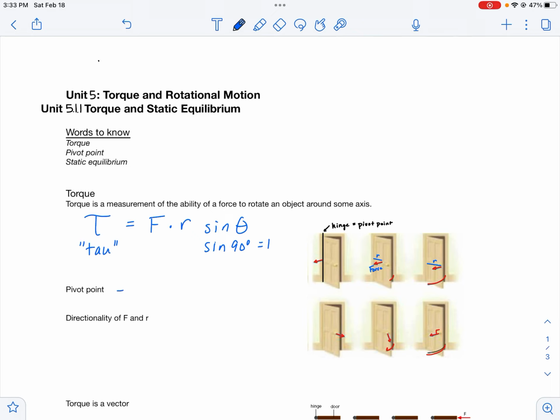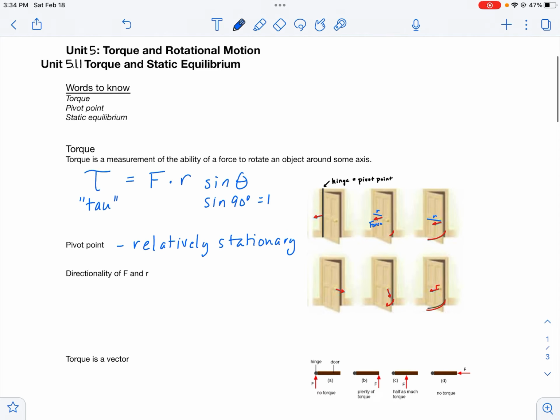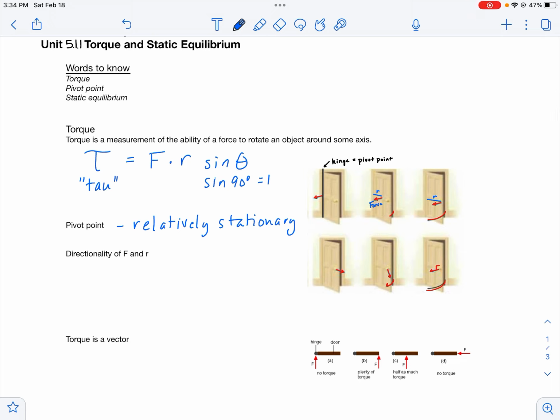The pivot point is relatively stationary. In an ideal situation, the pivot point itself would be stationary. Force and lever arm, the direction between them matters.